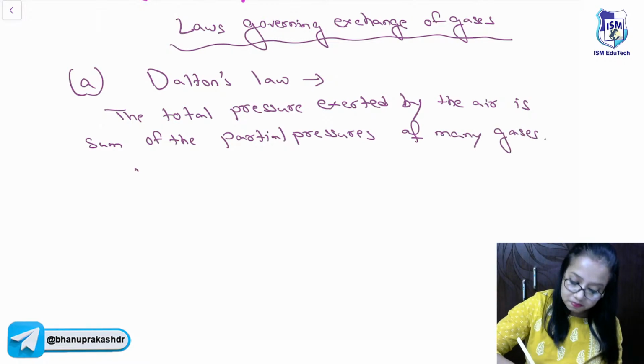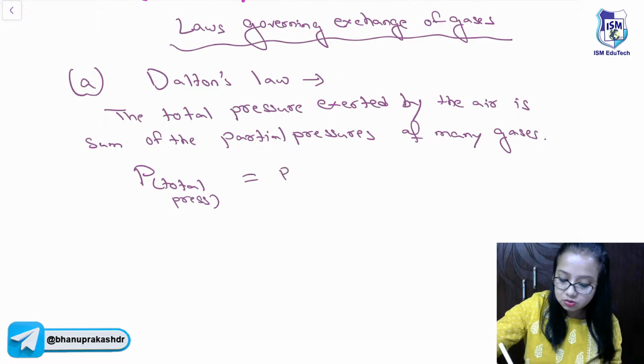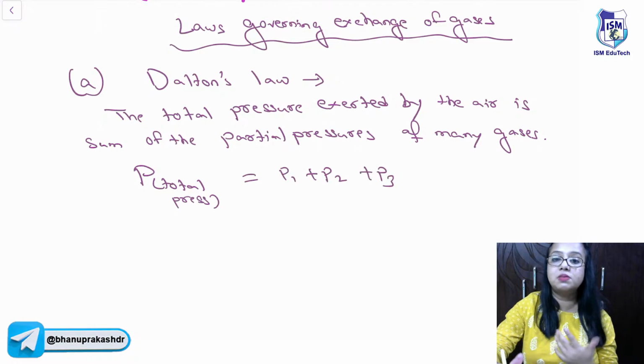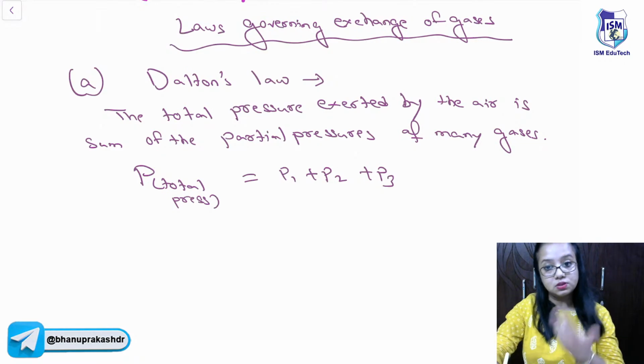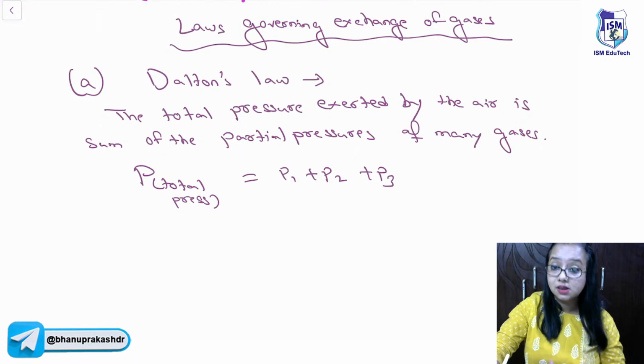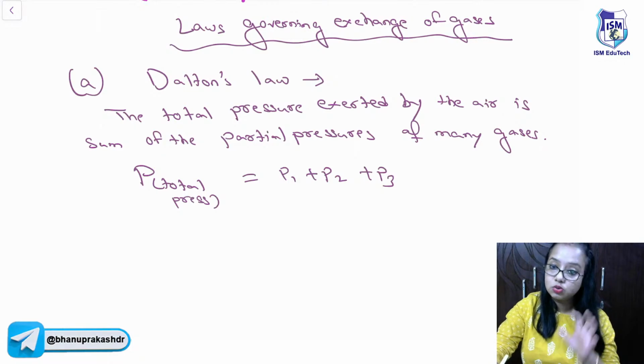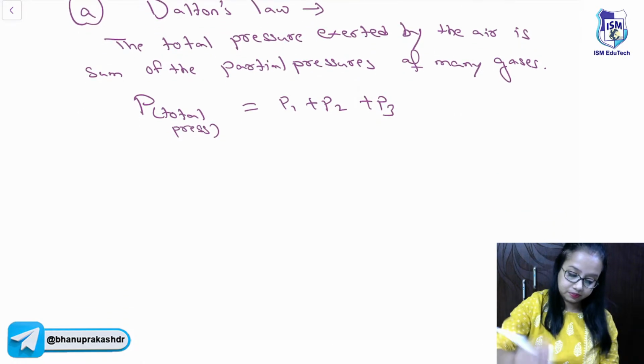Suppose P is the total pressure, then P is equal to P1 plus P2 plus P3, where P1 may be the partial pressure of oxygen, P2 is the partial pressure of carbon dioxide, P3 is the partial pressure of carbon monoxide, like that. So it is the sum of the multiple pressures that determines the total pressure exerted by the atmospheric air.